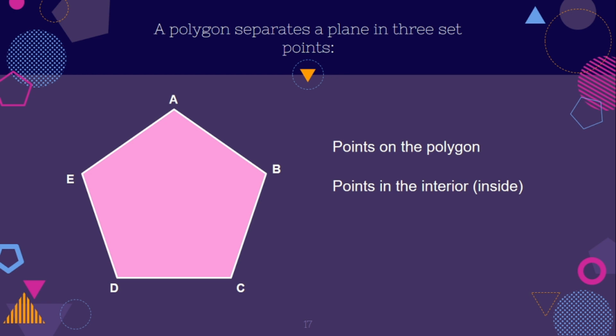And of course, we have the points outside, those are what we call the points in the exterior of our polygon. So we have points on the polygon, interior points, and exterior points.